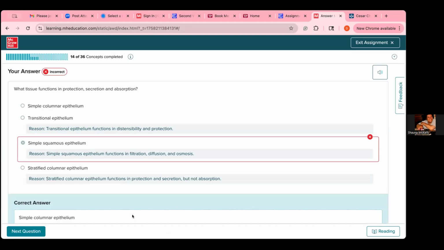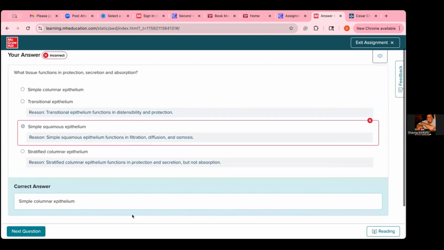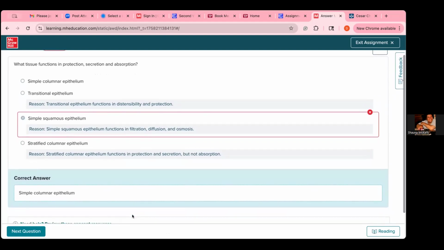Isn't it? Oh no. Which one is it? Oh, it's simple columnar epithelium. Okay.